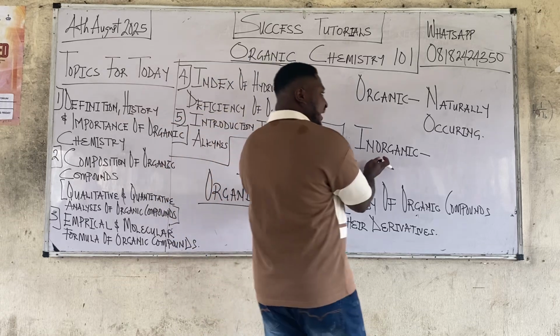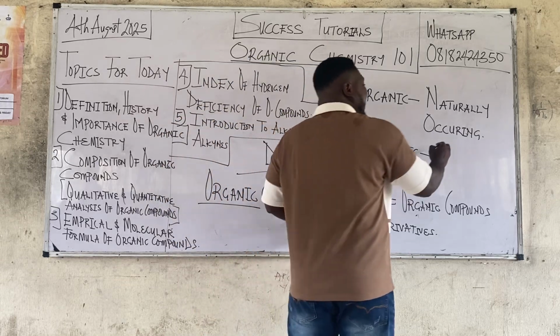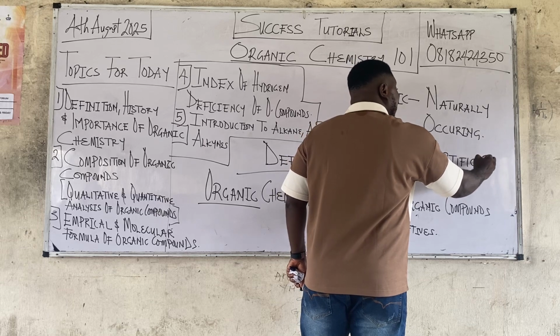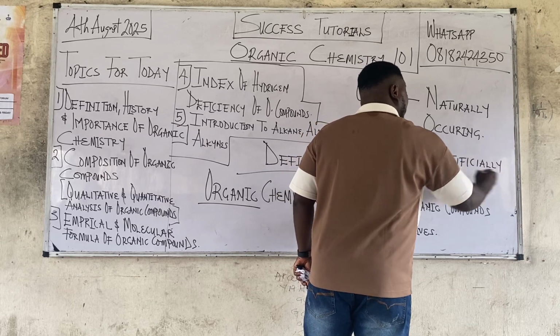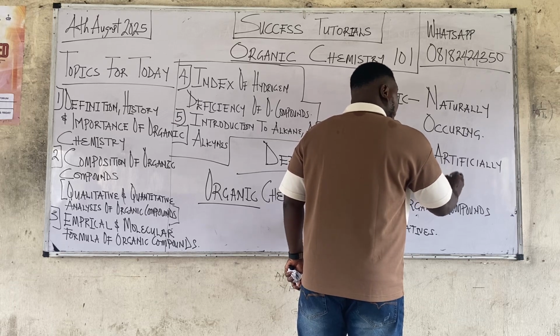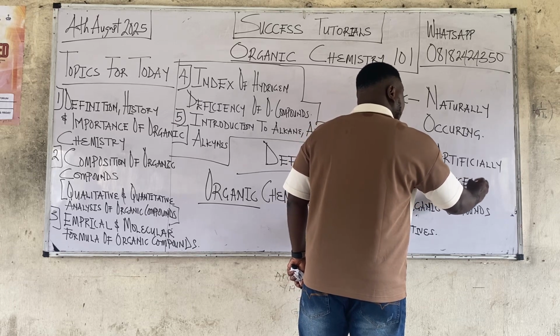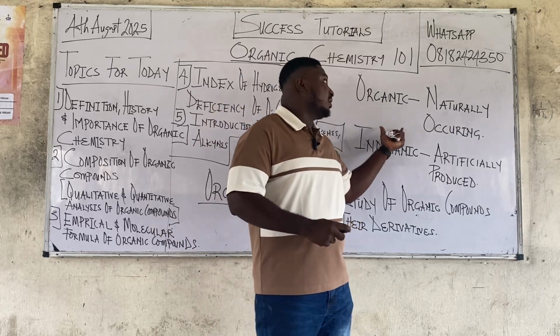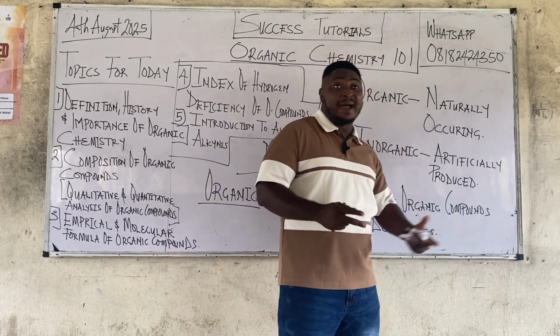Inorganic substances, on the other hand, are substances that can be artificially manufactured, produced or processed by man. Normally, the real meaning of organic is something that cannot be made by man.